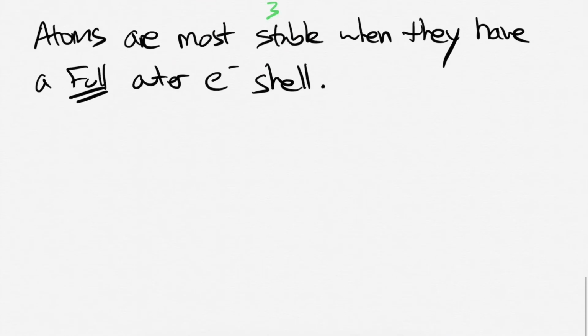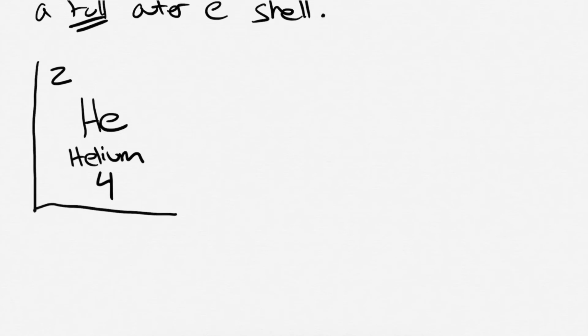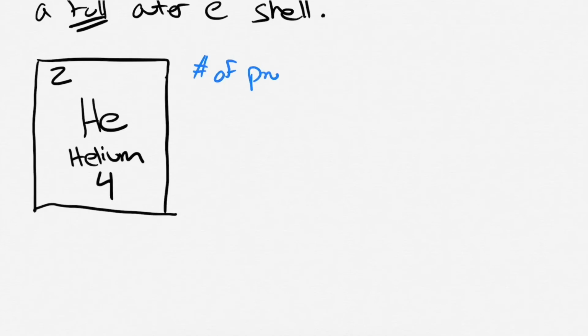Let's look at helium. Now, the chemical symbol for helium is He. It's called helium. Its atomic number is 2. And its atomic weight is 4. And if you look on your periodic table, you'll find all of these figures in a nice little box in the top right corner. So let's think about this for a second. The number of protons equals the atomic number, which equals 2.